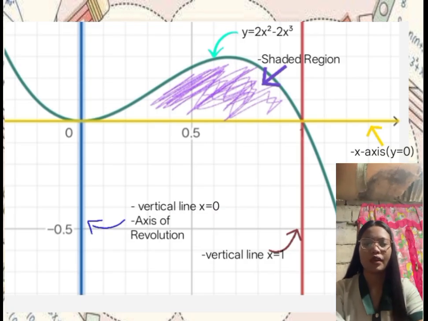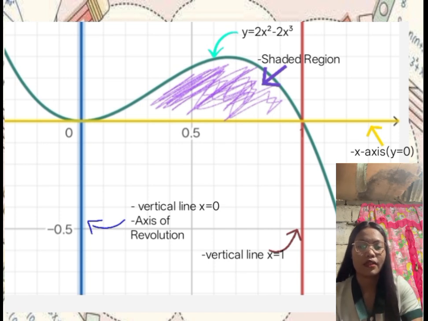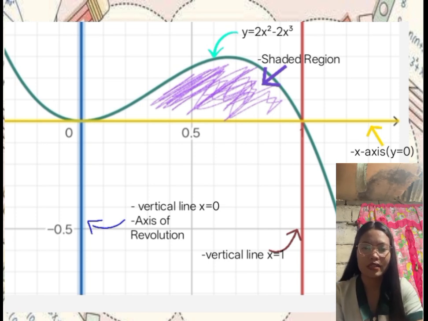So next, we have here the figure and its labels. In the figure, we can see the green curve, which is y is equal to 2x squared minus 2x cubed.